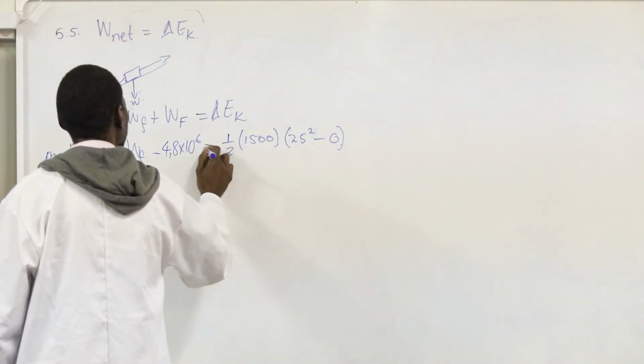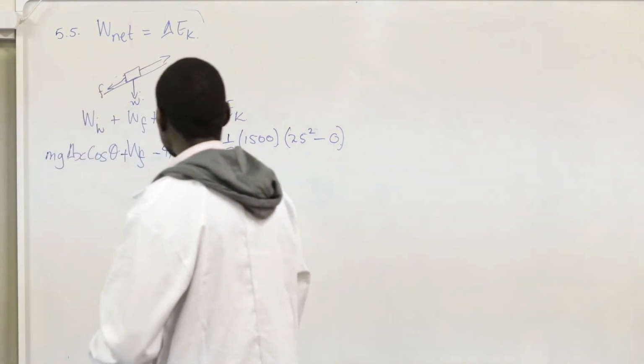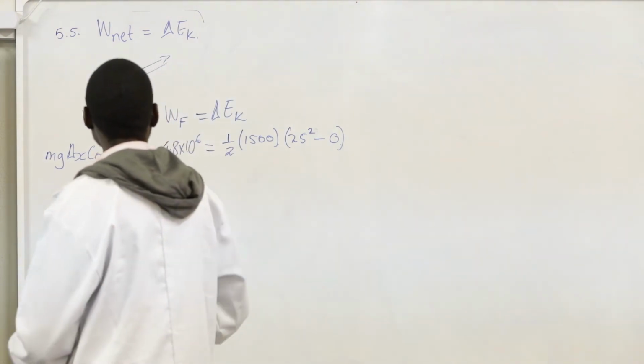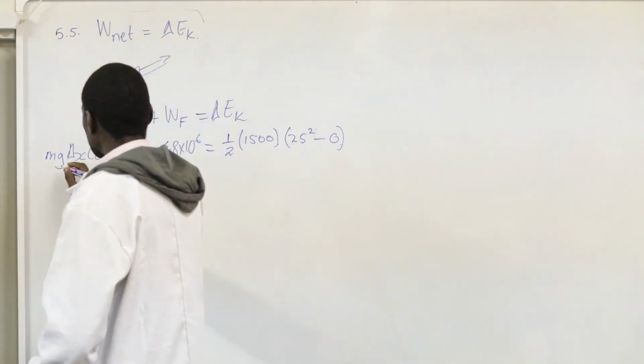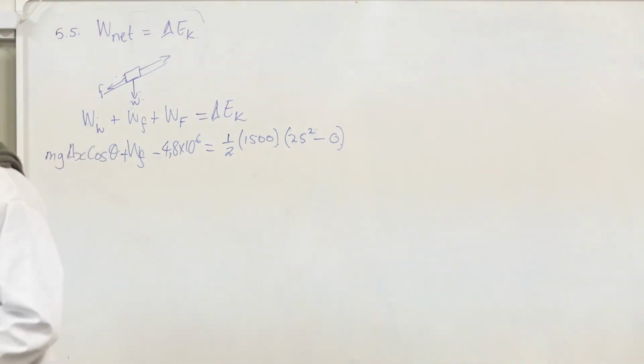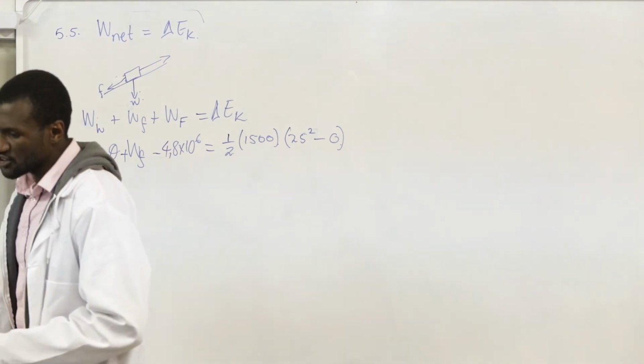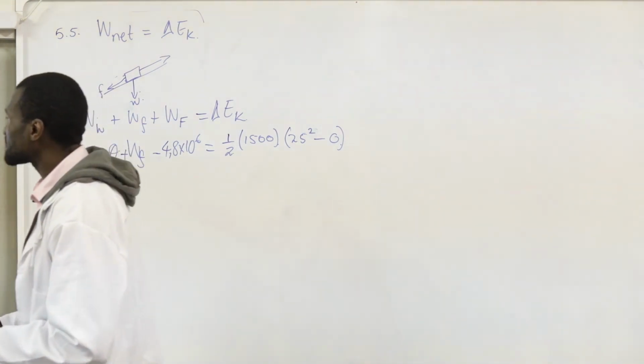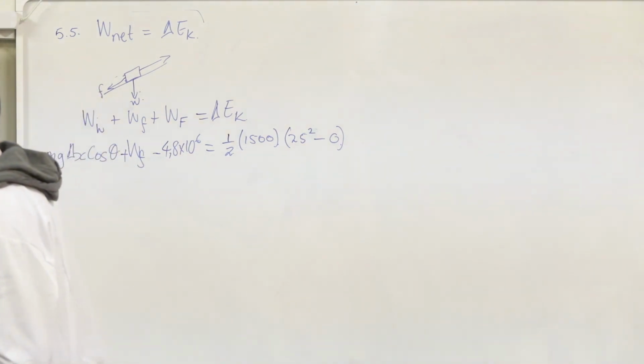All right. So here is a simple equation. We can work it out to find WF. What do I know? I already know that I have the magnitude of 1,500, okay, which is the mass.